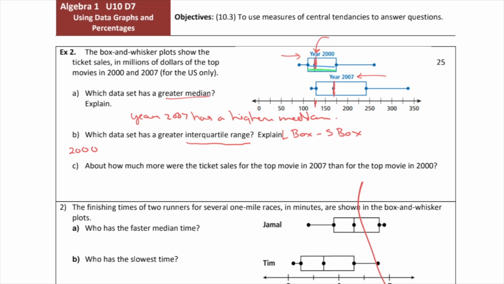Here's our length, and the other one is much longer. So which one has a greater interquartile range? That's going to be the year 2007, which has a longer box and greater interquartile range.